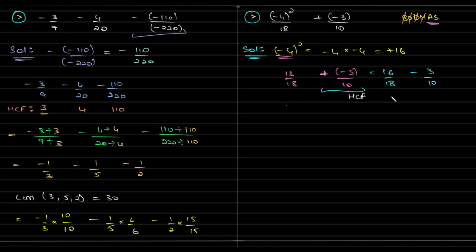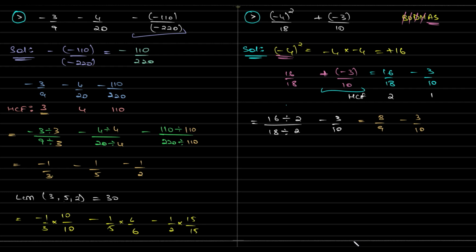So HCF of 16 and 18 is 2, of 3 and 10 is 1. So we have to simplify it by dividing with their respective HCF. So 2 by 2, and here there is nothing to be solved, so it is the same. And we have here 8 by 9, 3 by 10.